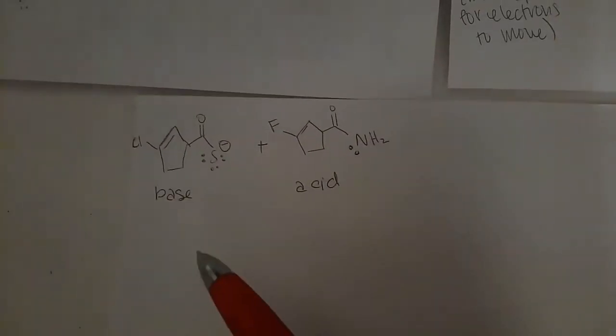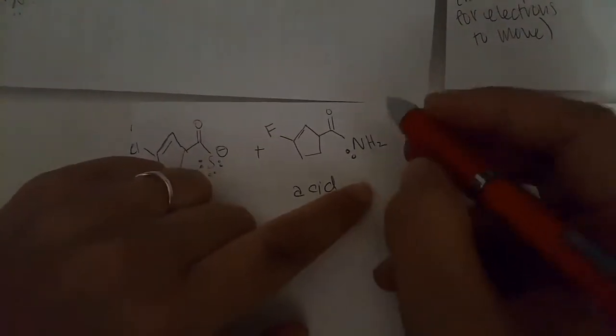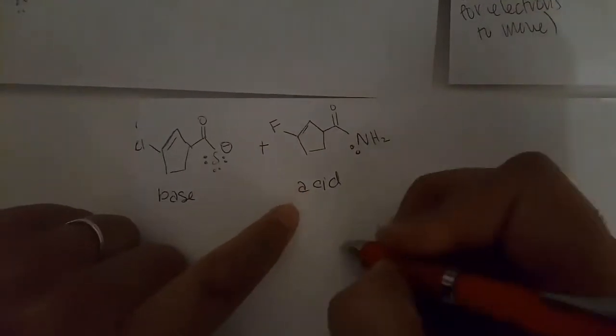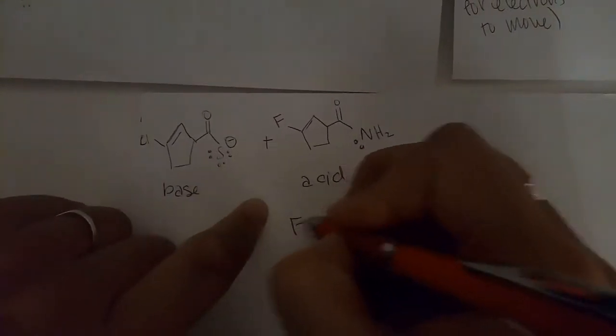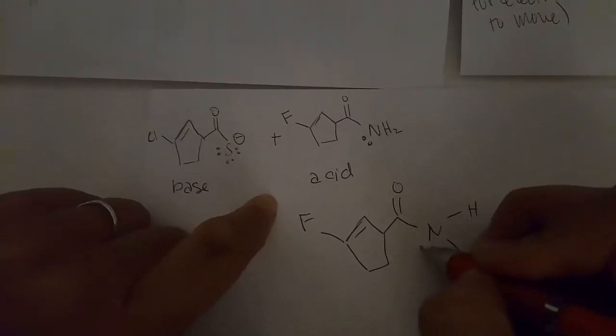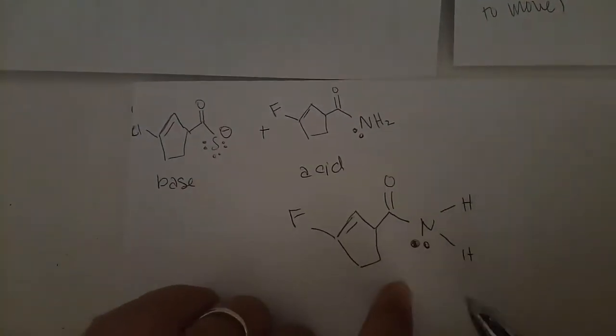Next, we're going to draw the curved arrows. I'm just going to do a close-up of this one. So this reactant with the nitrogen and the fluorine looks like this.